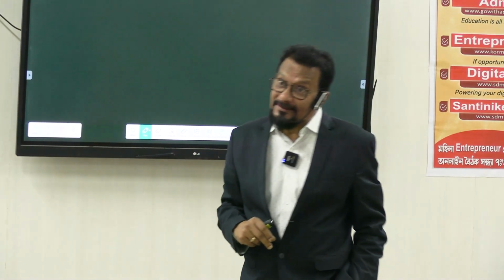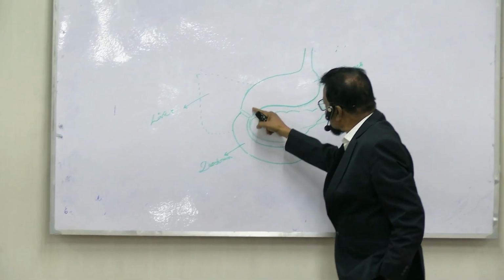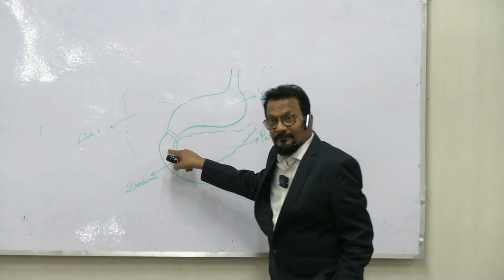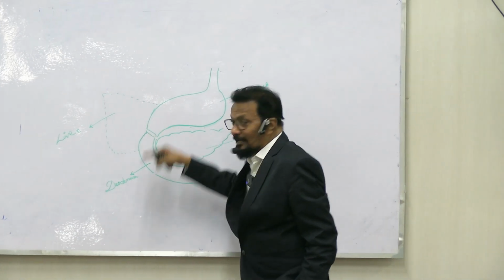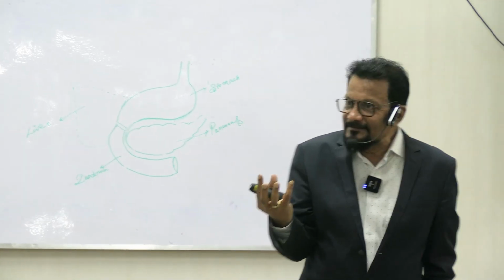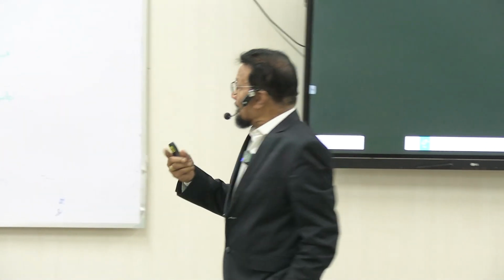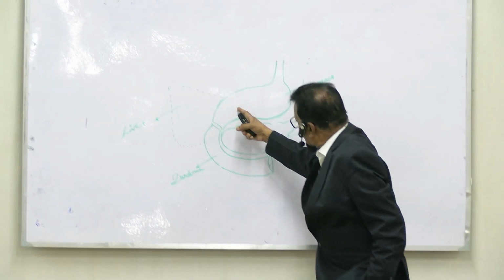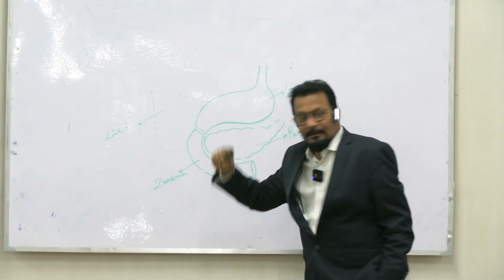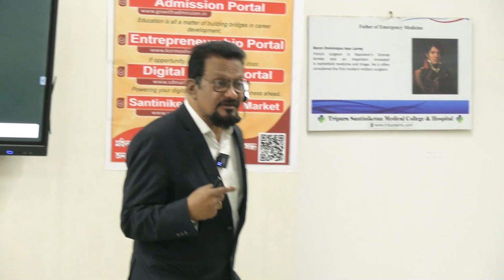See the purpose of pancreatic juice. The food bolus has to enter from here to here, but this food bolus has a lot of hydrochloric acid. So this food bolus is actually acidic. If this bolus comes here regularly, with the contact of this acid, the duodenum will face ulceration.